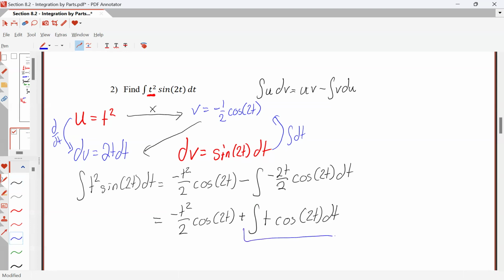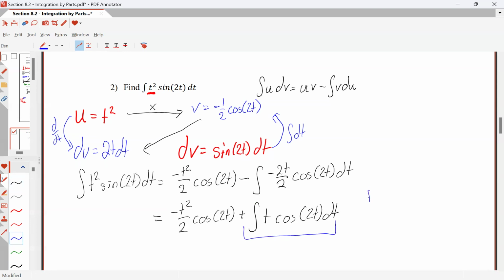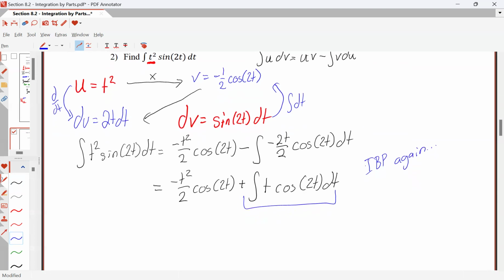This piece requires integration by parts again. So we can use integration by parts multiple times. Using integration by parts again, we'll identify u, this time to be t.